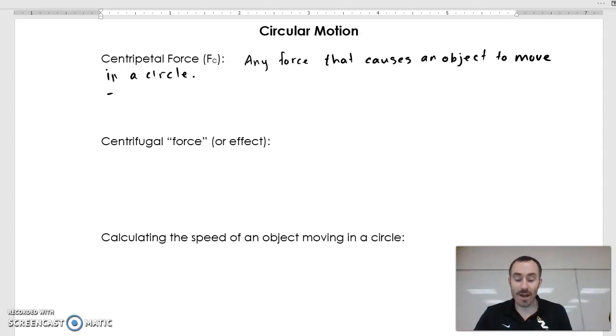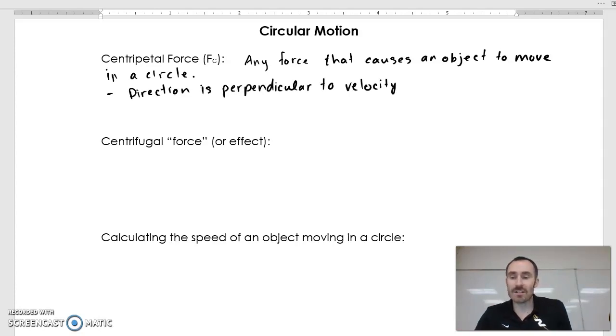The direction of centripetal force must always be perpendicular to velocity. Okay, so let's look at this just for a second here. Let's say you're traveling this way. In order to get you moving in a circle, so this is velocity, the force has to be pulling you this way. Okay, and a force that's pulling you that way will cause you to change direction like that.